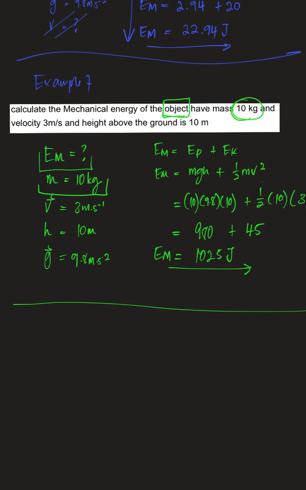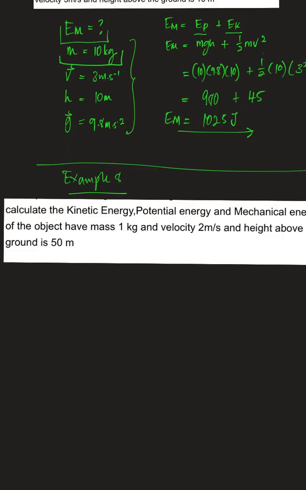Right, this example was a little bit different because instead of giving us EP or EK, they didn't give us anything. They gave us this information and they asked for total mechanical energy. Let's have a look at example 8. It says calculate the kinetic energy, the potential energy, and the mechanical energy.